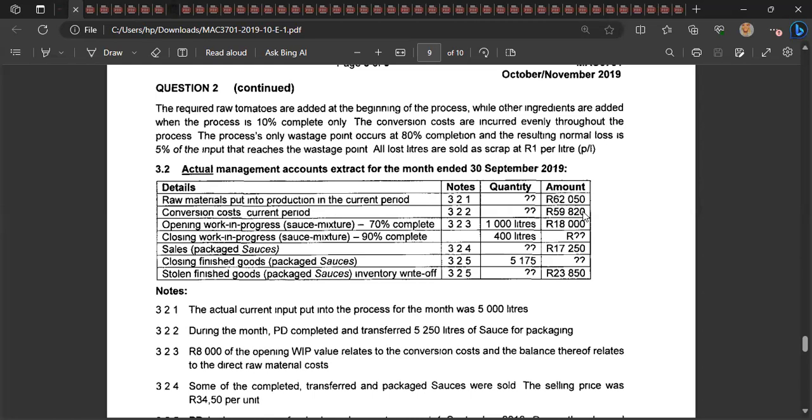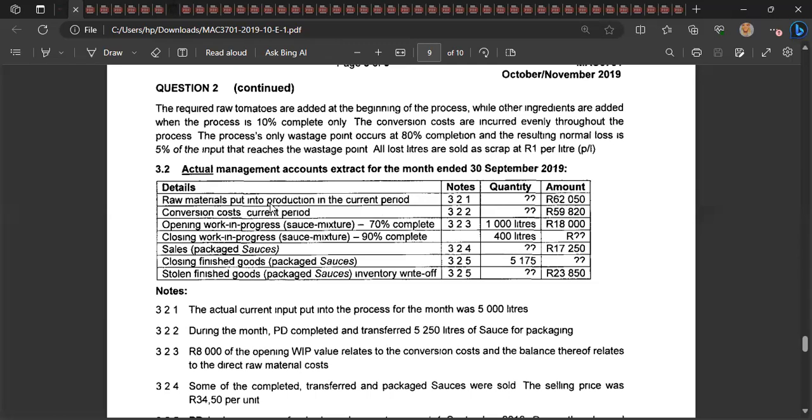So we are dealing with what is incurred in this current period, not what we incurred in the last period. The raw materials in opening work in progress were bought in the last period, so we can't incorporate them now. Conversion costs are for the current period, so we are incorporating those there.